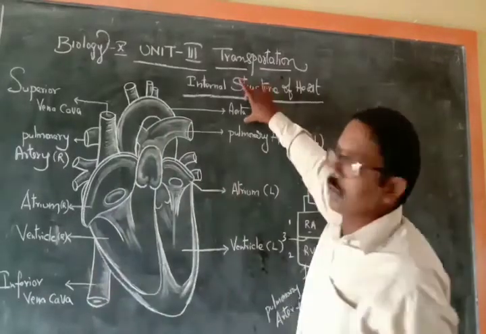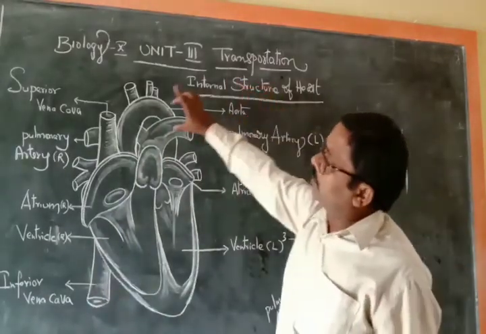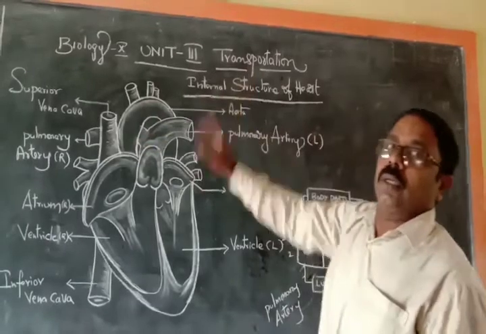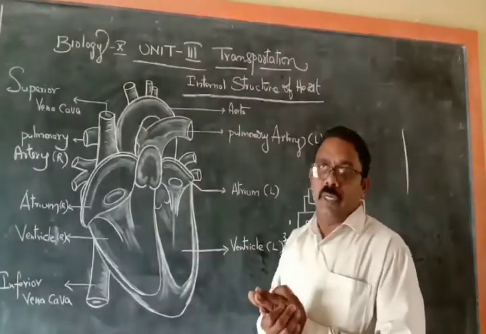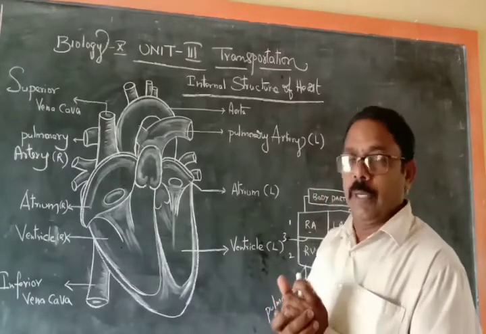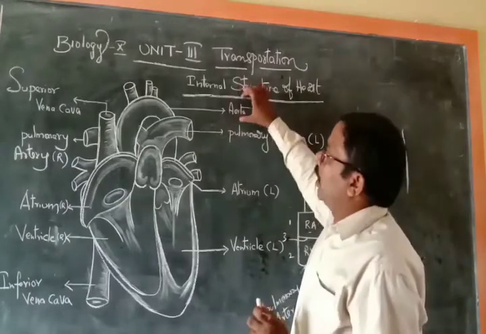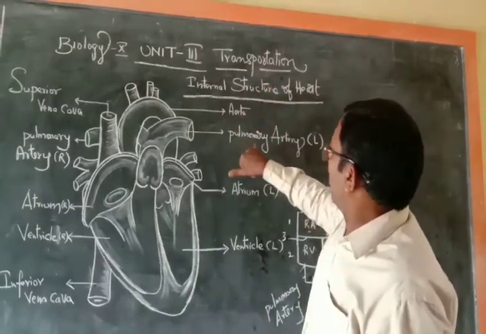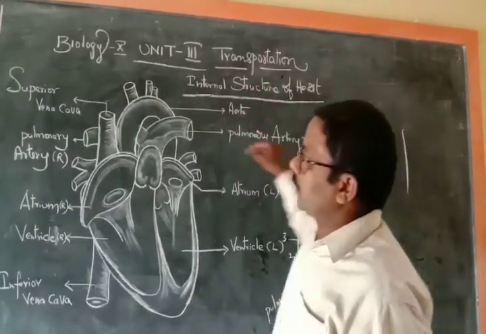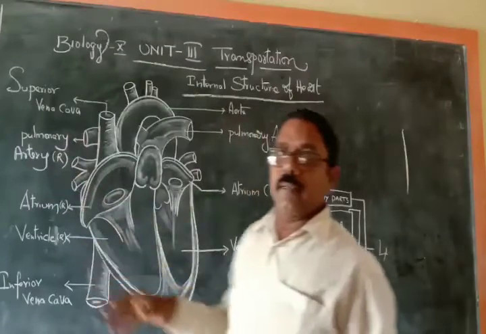Next one is the aorta. The largest artery is called the aorta. Very important bit for 10th class public examinations: the largest artery is called the aorta. Then the pulmonary artery left and the pulmonary artery right.